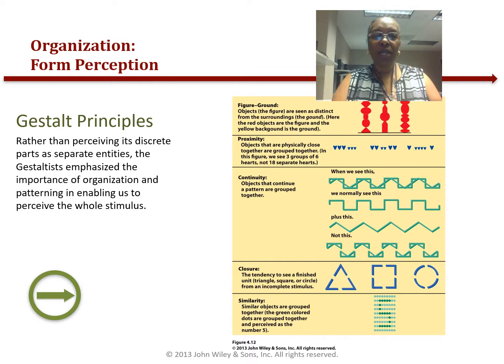Now we're going to start looking at the organization or the form of how we form perceptions. Raw sensory data are like the parts of a watch. They must be assembled in a meaningful way before we can actually say they're useful. So when we organize sensory data in terms of form, constancy, depth, and color, we utilize Gestalt principles.